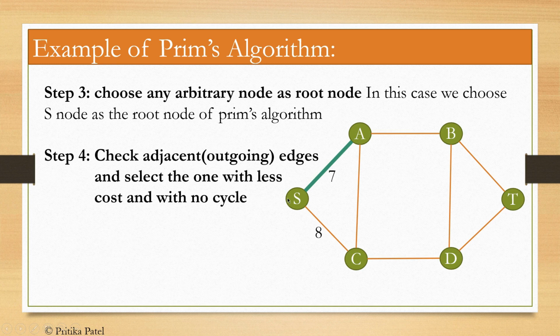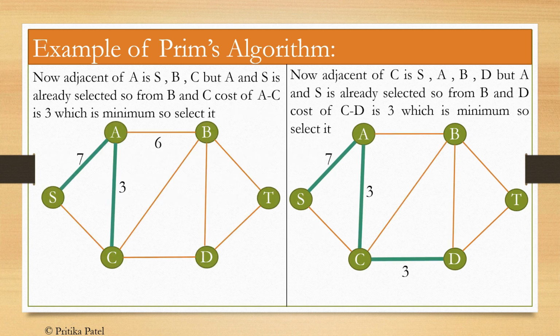The adjacent vertices of S are A and C. Now we select the edge with less weight. One edge has weight 8 and the other has weight 7, so we choose the edge with weight 7. This is selected for the minimum spanning tree.